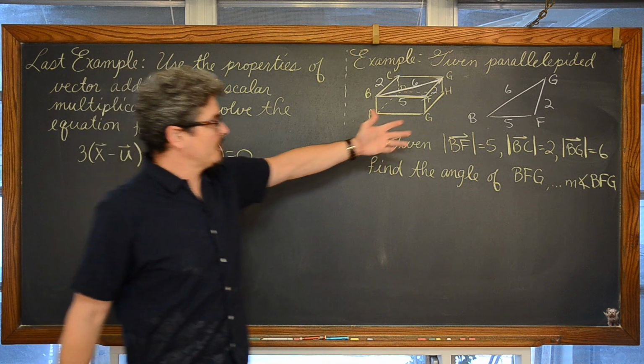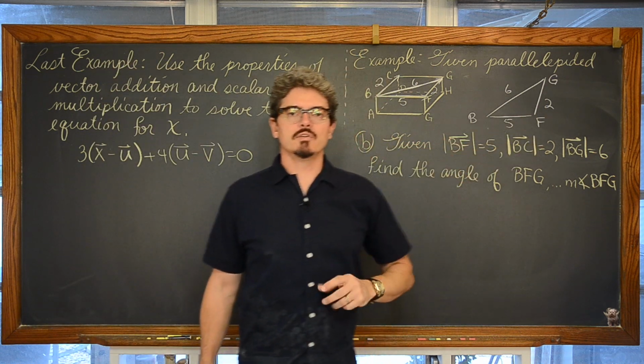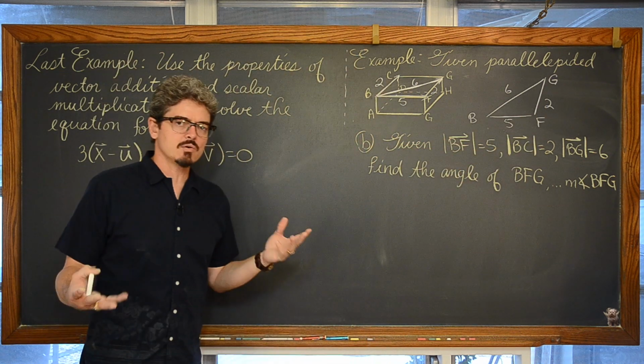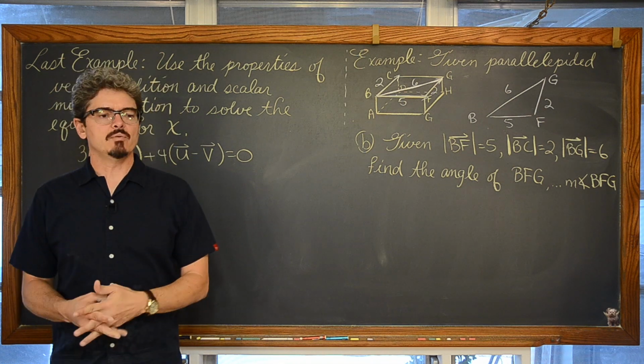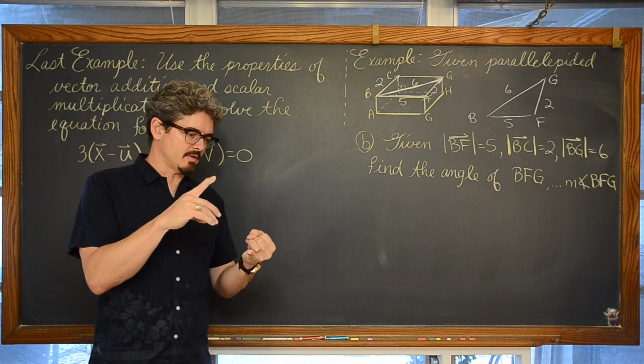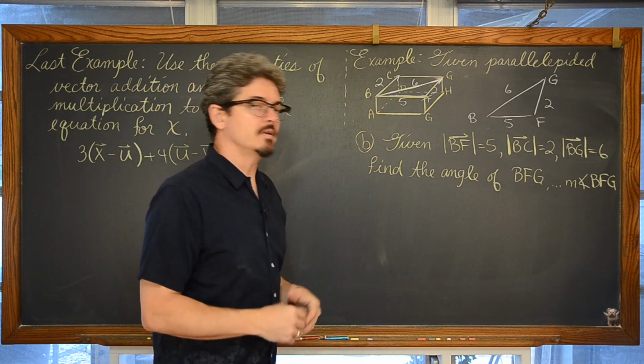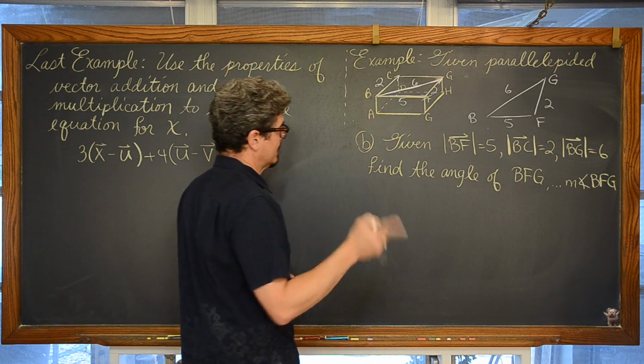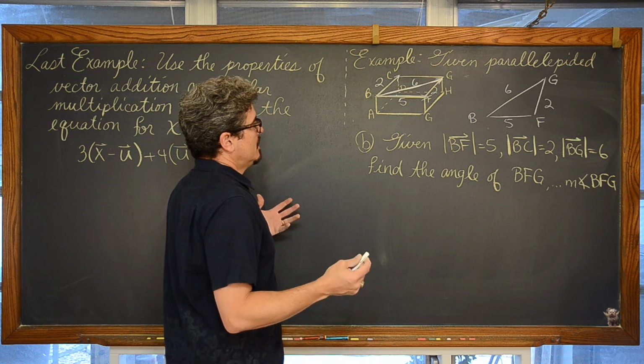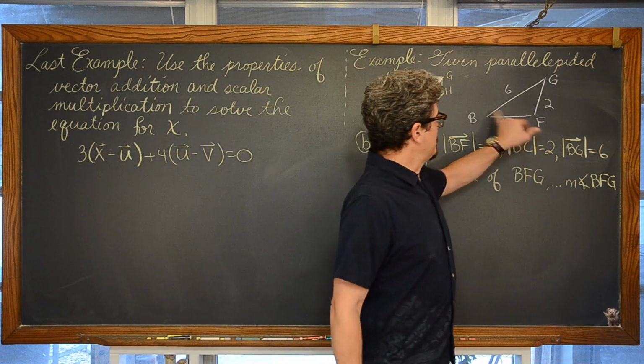If you are finding the missing angle of a triangle when you know all three sides, you're working through the law of cosine. If you know a side and its opposite angle, then you're more likely going to be using the law of sine, not the law of cosine. Okay, so we want to find angle BFG.